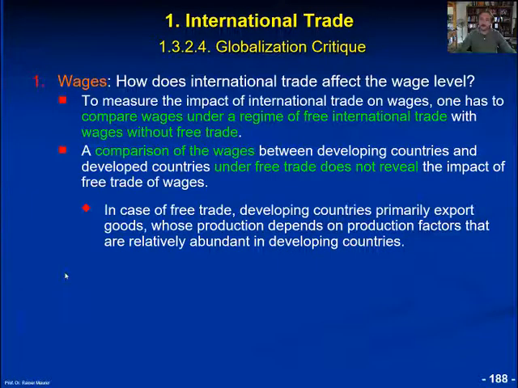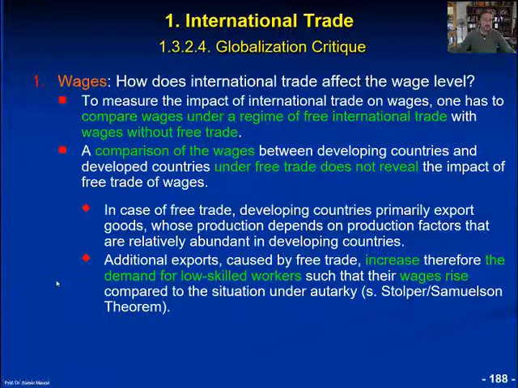In case of free trade, developing countries primarily export goods whose production depend on production factors that are relatively abundant in developing countries. We have called this specialization in comparative advantages.